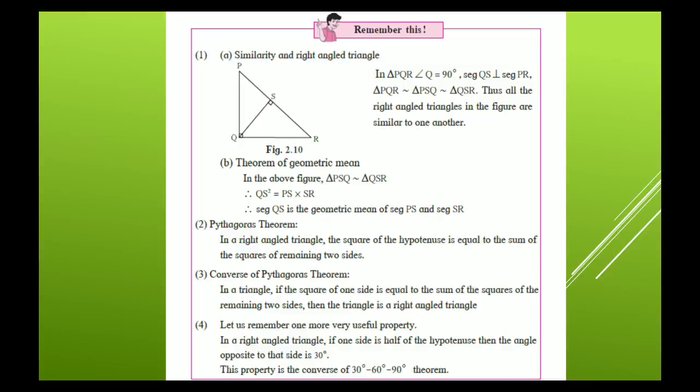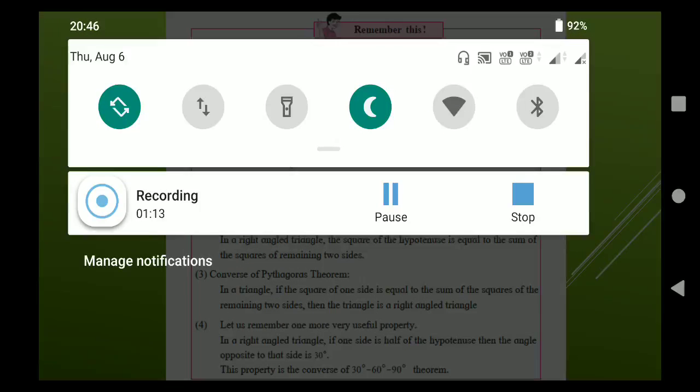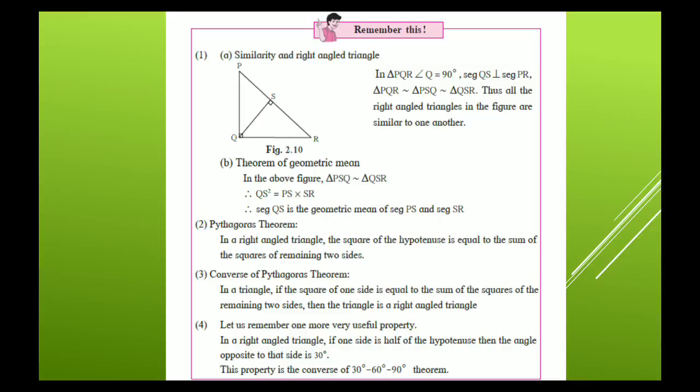So I have a triangle here, triangle PQR. It's a right angle triangle where Q is 90 degree. PR is the hypotenuse. Here, segment QS is perpendicular to hypotenuse side PR.